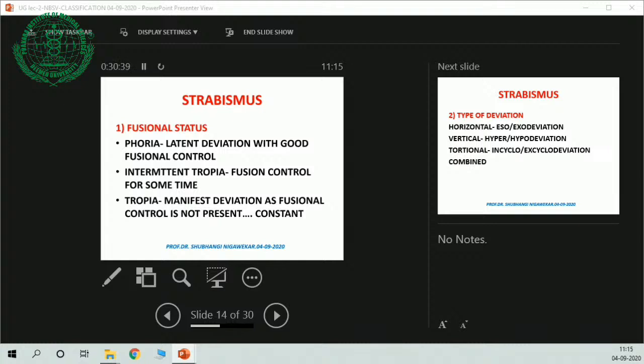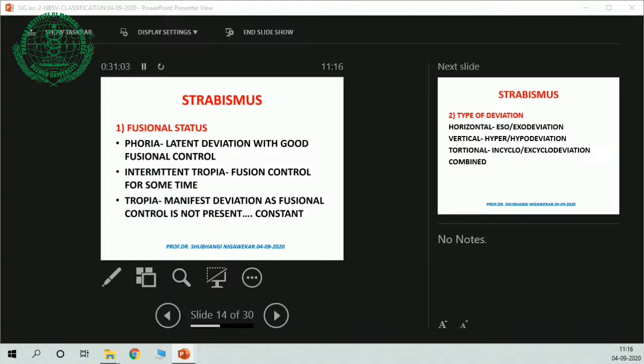Now it is very easy for me to tell you what fusion is, because you know, good students, just now we have learned binocular single vision, fusional capacity, grade 2 binocular single vision grade is there.